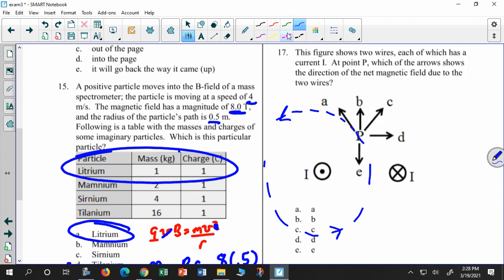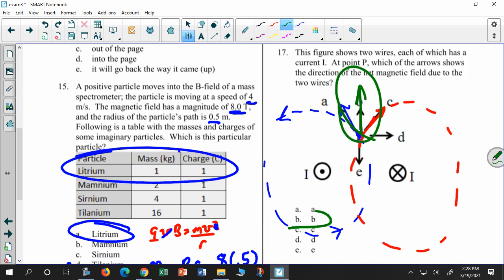It folds around in a counterclockwise direction. At point P, this magnetic field is in the same direction as A. And then the second current is going to give a magnetic field in this direction, because my magnetic field is going to be circular like this. So the net magnetic field is going to be in that direction. So B is the right answer for that one.